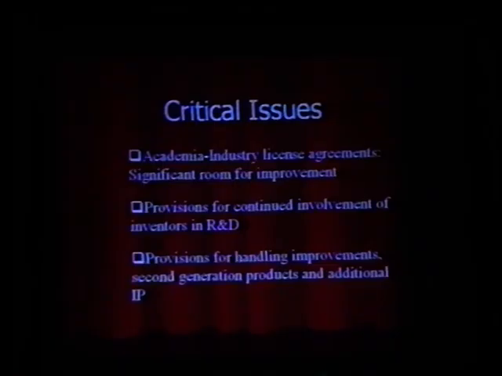Now, if there's not some understanding between the university and whoever you've licensed the first generation product to, now you've got real problems, because 3 years later, you've invented something that maybe makes your first invention obsolete. Now think of what happens to the relationship between the university and the industry when they supposedly are going to be working together, and now you're coming along with an entirely new invention. And unless there's some way to handle that in the agreement between the university and the industry, again, there's real room for problems there.